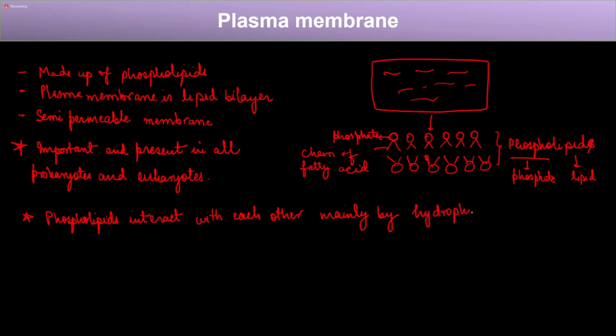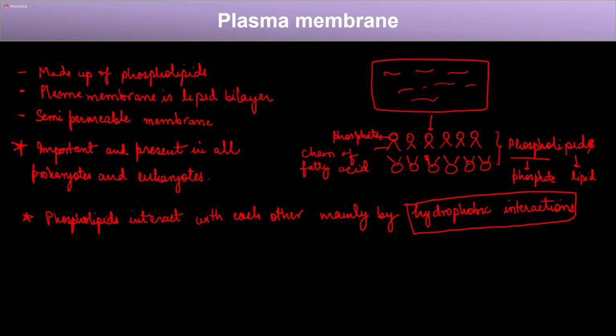You should remember this, because these lipids are hydrophobic in nature. They repel water, they do not attract water. So if they have to interact with each other, they interact via hydrophobic interactions.